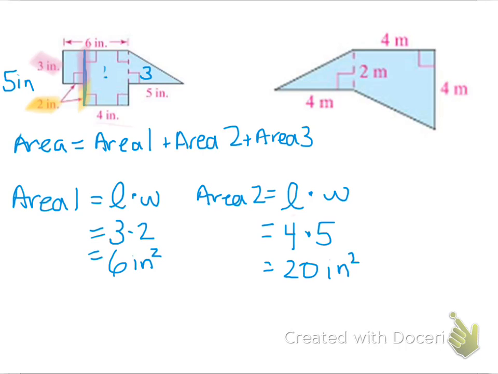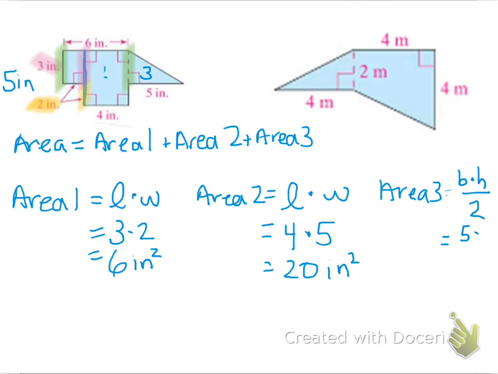Alright, now it's time for our third shape, shape number 3 right here, our triangle. So area 3 this time is not equal to the length times the width. It's equal to the base times the height divided by 2. Our base is 5 inches long. And for our height, we need to figure out the length of this part right here. And it says over here that that side is equal to 3 inches.